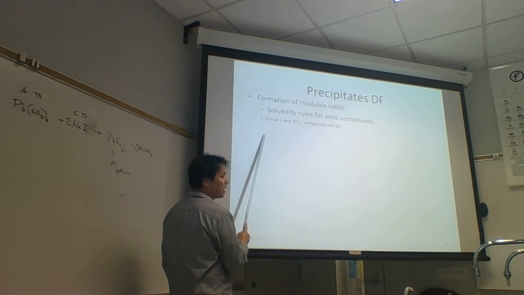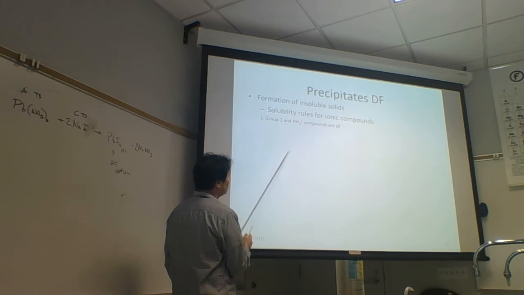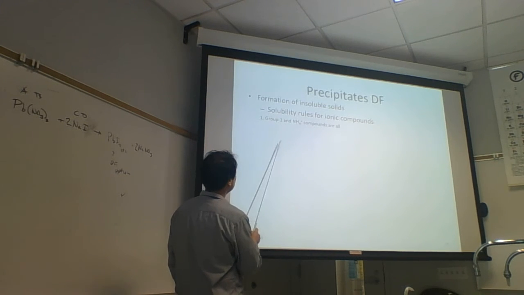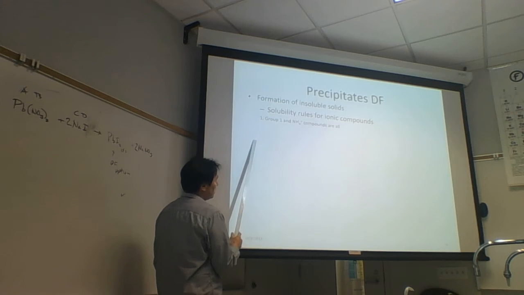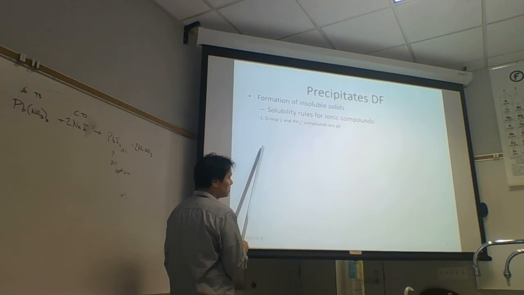And then after that, we look at chlorides, bromides, and iodides, which are all soluble except silver, mercury 1, and lead 2. If it's not chloride, bromide, or iodide, we look at sulfates.